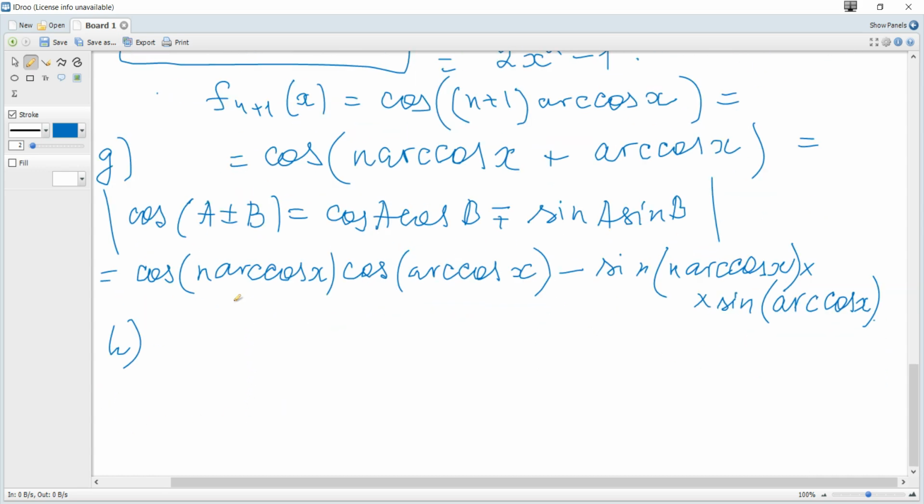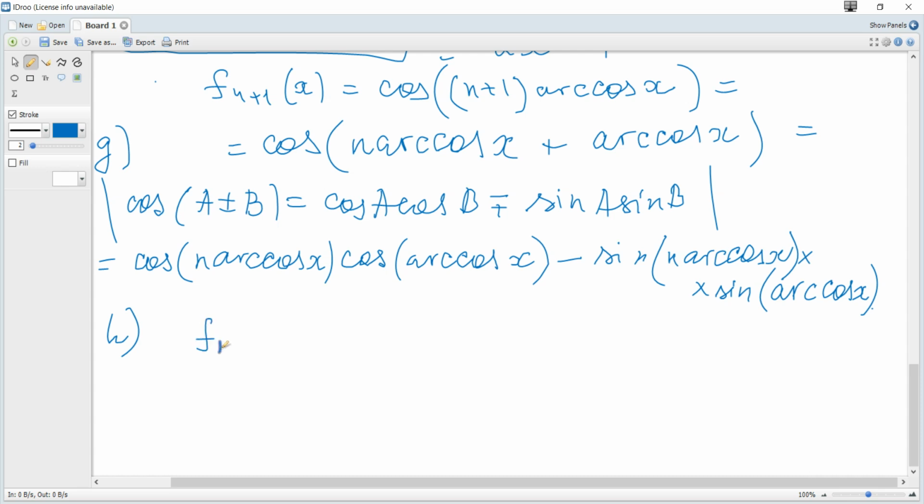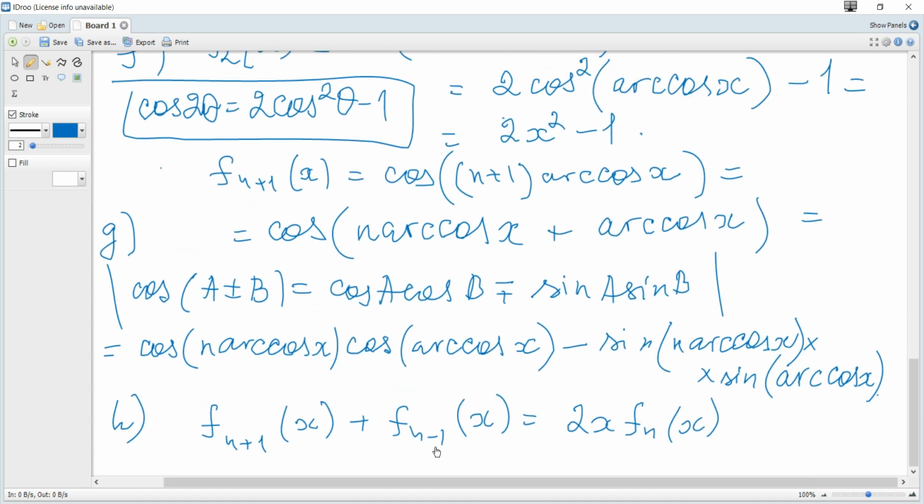H shows that f_{n+1}(x) plus f_{n-1}(x) is 2x f_n(x), where n is a positive integer, and express f3(x) as a cubic polynomial, 5 marks.